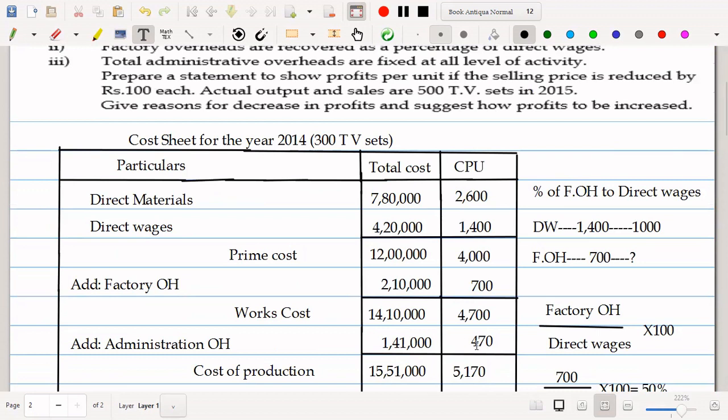So we do not consider per unit, because at all levels of activity, whether you produce 1 TV set, 5,000 TV sets or 1 lakh TV sets, the administrative overhead remains fixed. It means that at any level of production activity, the fixed cost remains fixed. So we have to take this 1,41,000 fixed as it is next year also.